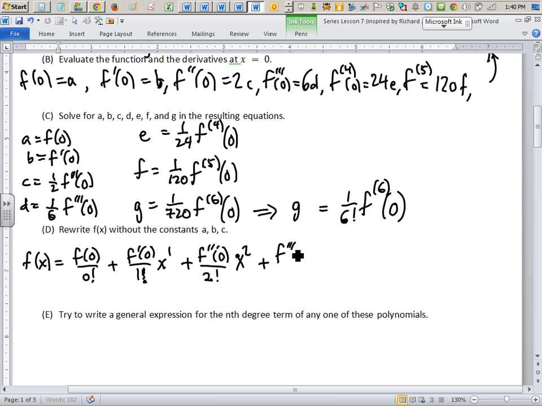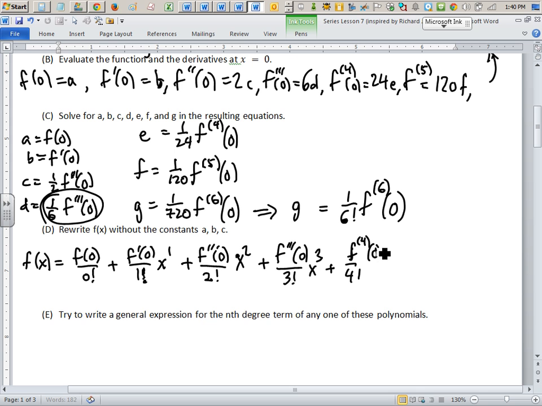Then f triple prime at 0 over 3 factorial x cubed. That's dx cubed. I'm just substituting, for d, I'm substituting in the 1 over 6 f triple prime, and yes, you can have 0 factorial be 1. Okay. Just defined as 1. Next is 1 over 4 factorial times f quadruple prime.